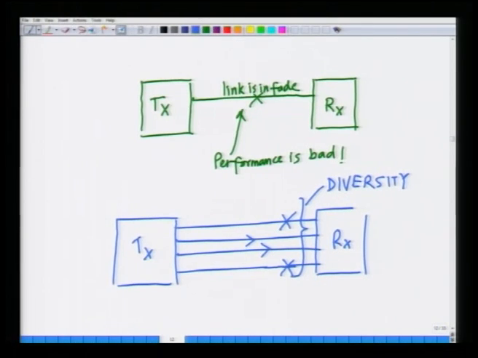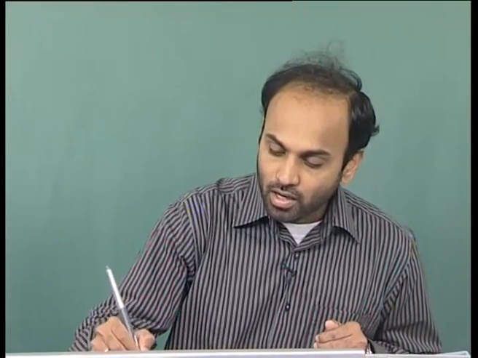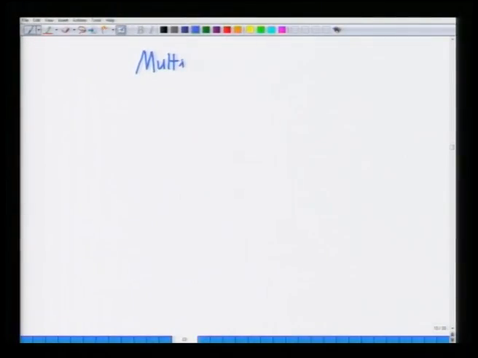All right. So, let me illustrate an example of such a diversity system. Now, I will proceed to a more specific system. Let us consider a multiple antenna system.